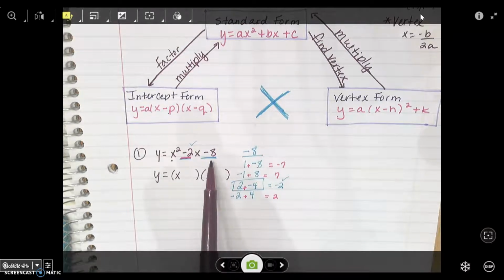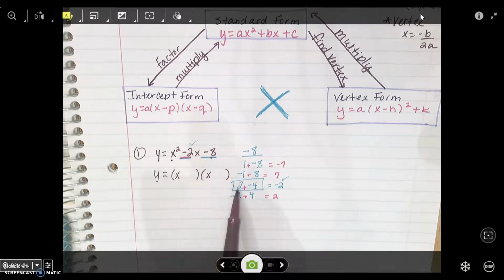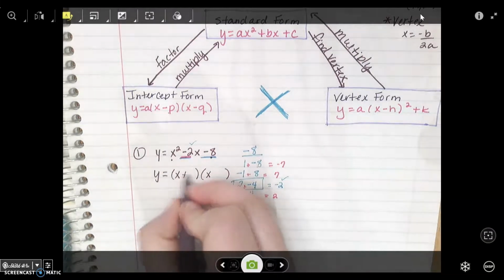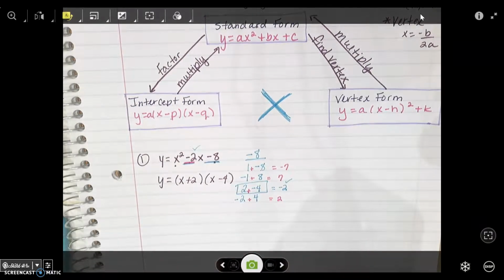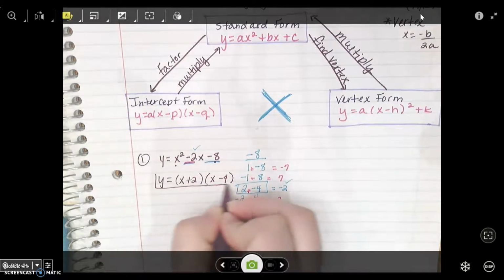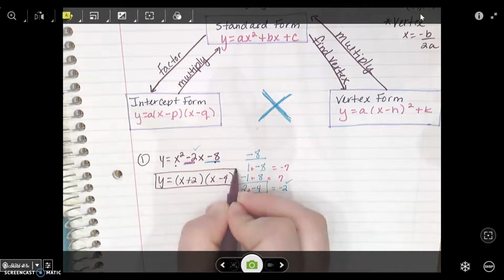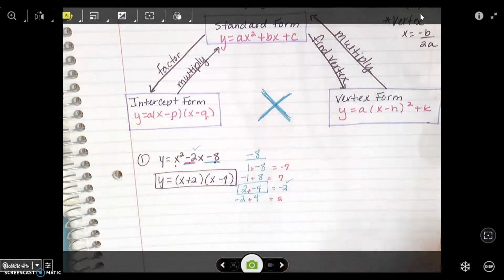And then what two numbers multiply to give you negative 8, but also added to give you negative 2? Well, that would be a positive 2 and a negative 4. Okay. And then you're done. You have factored this. This is your answer in standard form. I mean, not in intercept form. You went from standard form to intercept form.